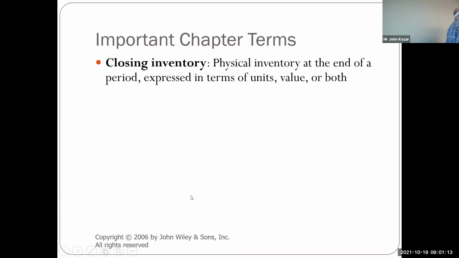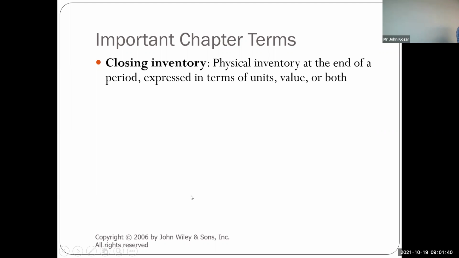Okay, so we're going to start off with some definitions. Our closing inventory is a physical inventory at the end of a period. It typically is done at the last day of the month or the last day that the restaurant is open in the month. You count up all of the inventory that you have.